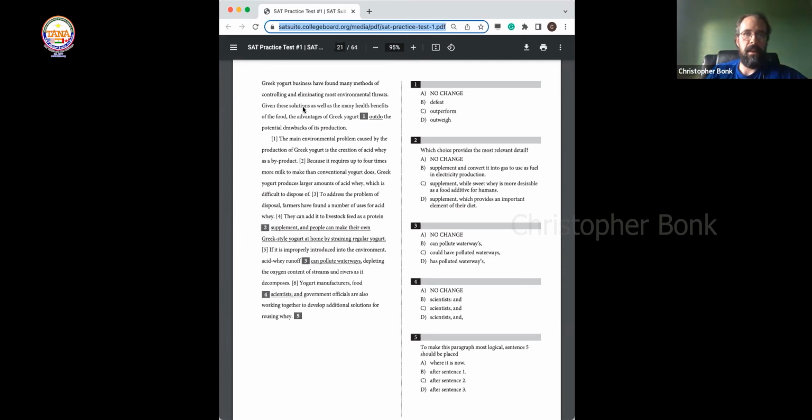In this case, the first 3 are all dealing with competition, direct competition, like 2 teams or 2 individuals competing against one another. Whereas our last one, D, outweigh, which will be the right answer, is used comparatively. One thing is better than the other. If you've heard the phrase weighing the pros and cons of a situation, that's exactly what's happening right here.